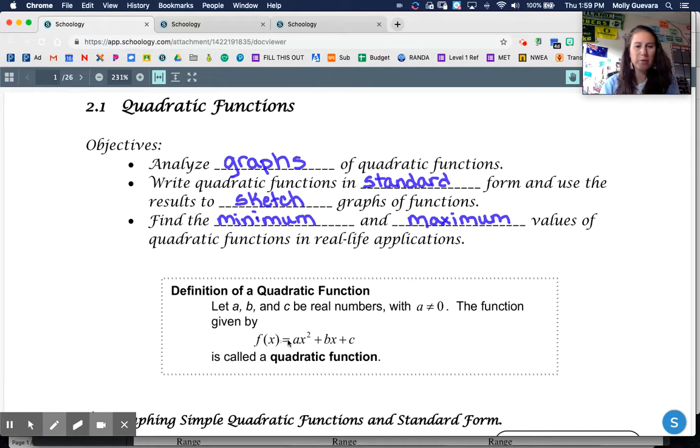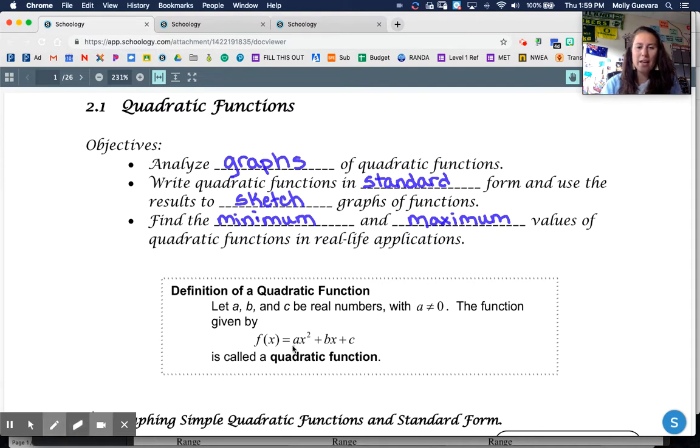So just to review real quick, a function is a quadratic if the highest exponent is that squared term, okay? So if I have x to the third, it's not a quadratic. If I have x to the fourth, not a quadratic. So it has to have that x squared.